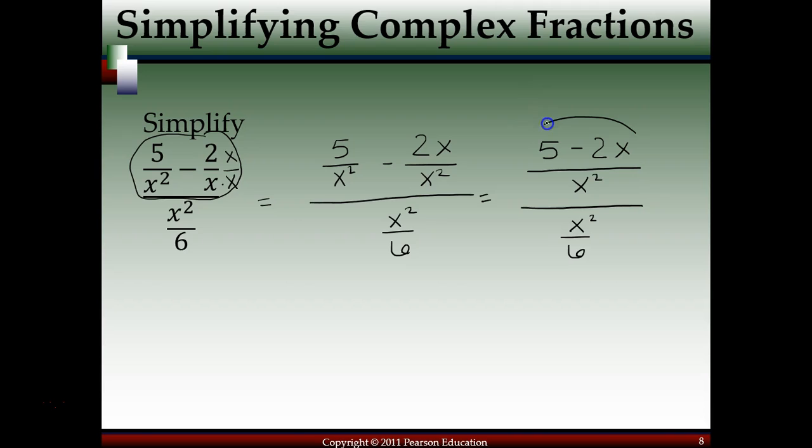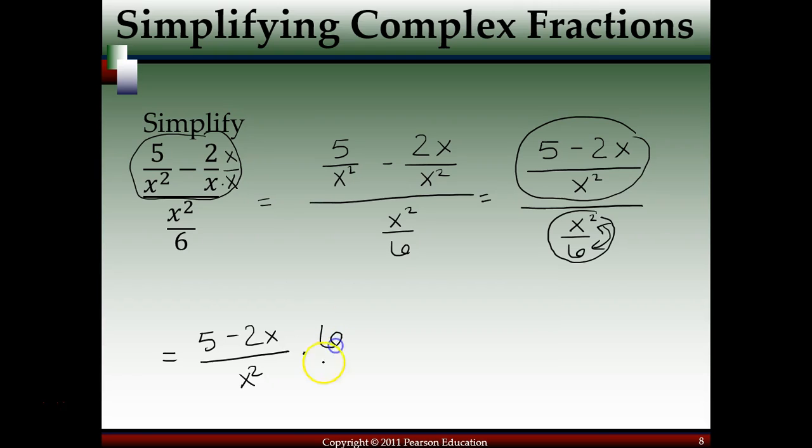So I'll multiply this times the reciprocal of this. So flip this around. So we're going to say 5 minus 2x over x squared times our 6 over x squared.